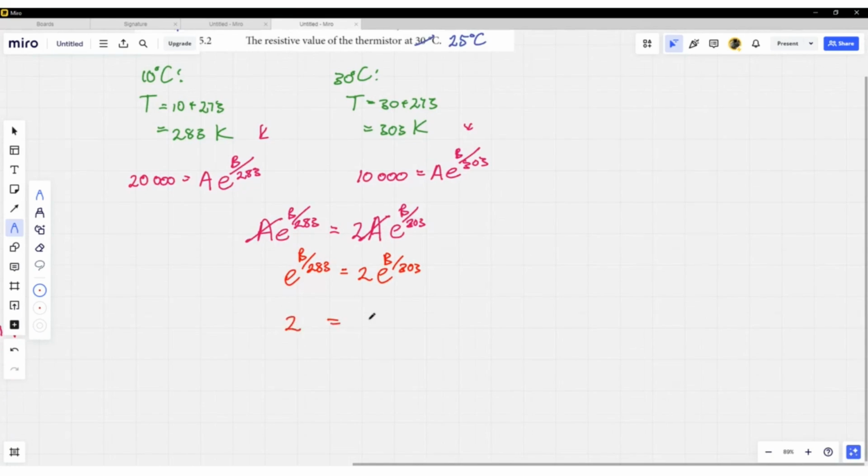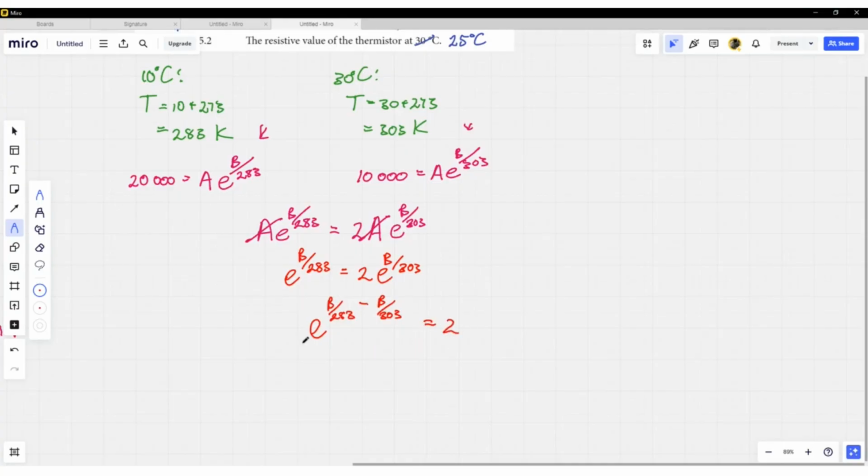We can just put the e's on the left rather. So if you divide the one e into another, that's basically going to be B over 283 minus B over 303 equal to 2.